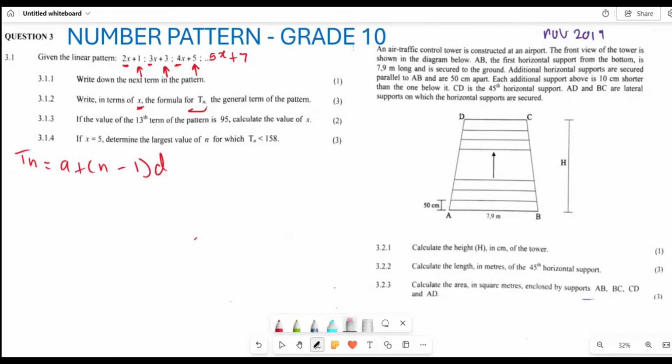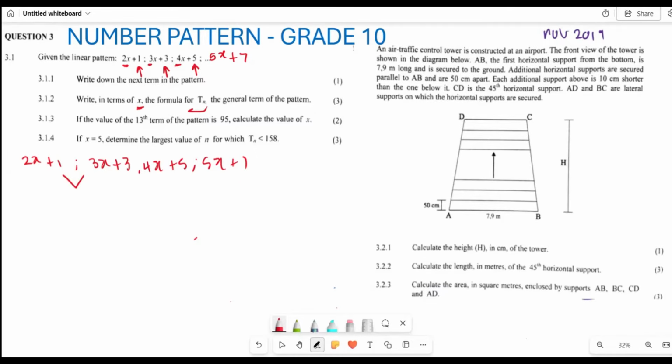Let's start by finding out the common difference between all of these. Look, you are having 2x plus 1, then 3x plus 3, then 4x plus 5, and the other one is 5x plus 7, right? To find the common difference, we subtract.